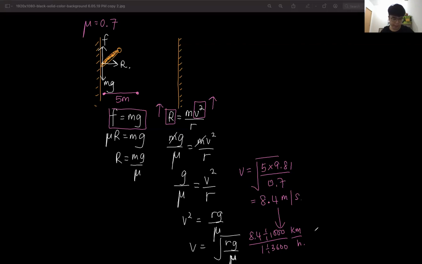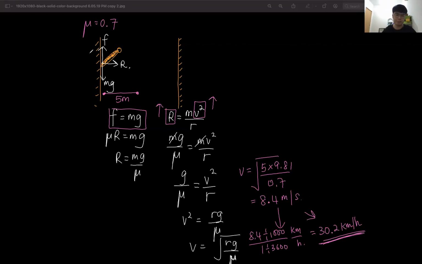Solve this, we get about 30.2 kilometer per hour.